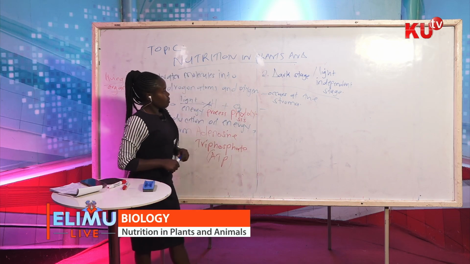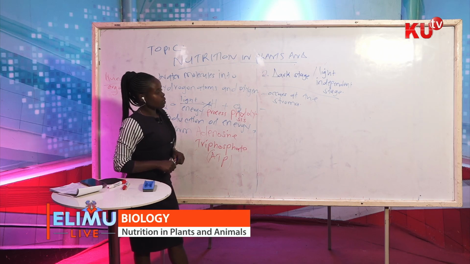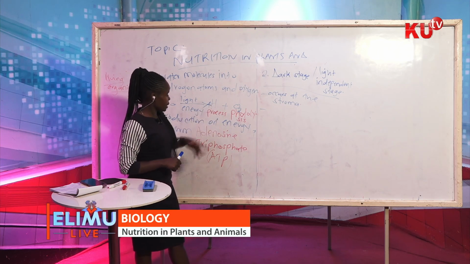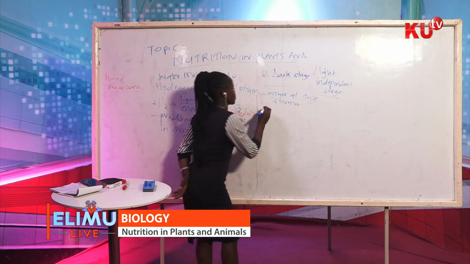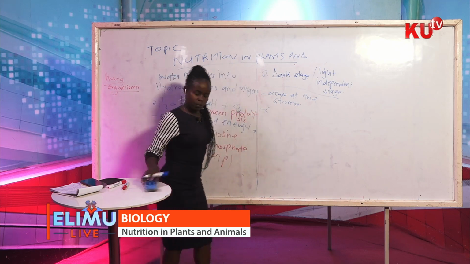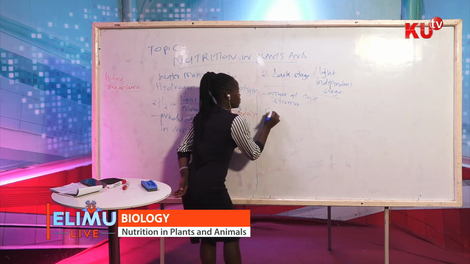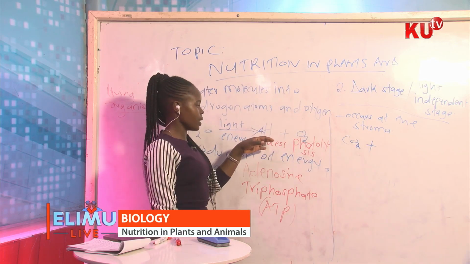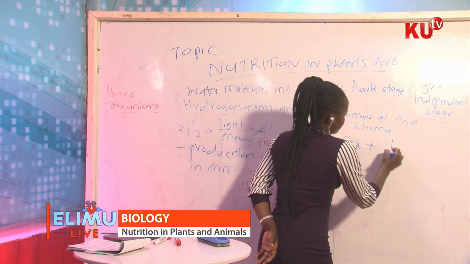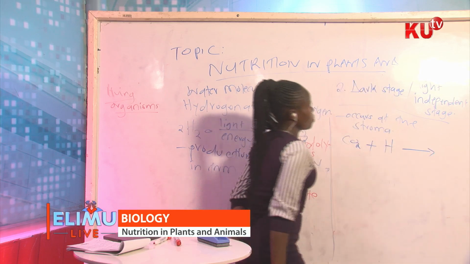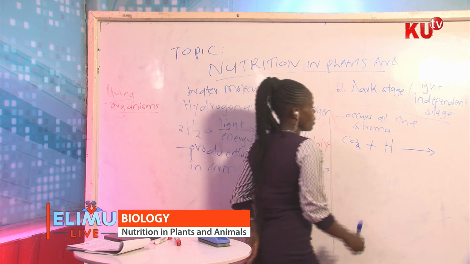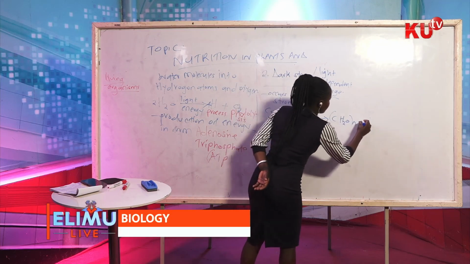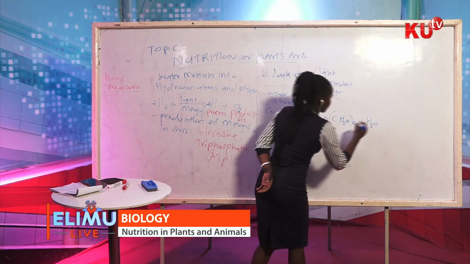And the carbon dioxide combines with the hydrogen atoms that were produced during the first stage to produce simple carbohydrate and water.